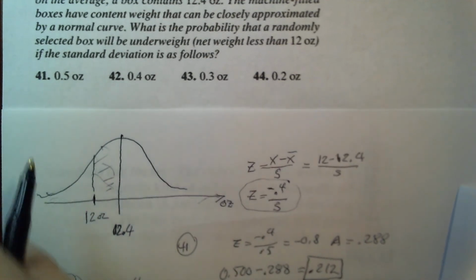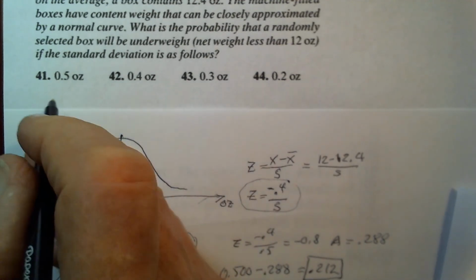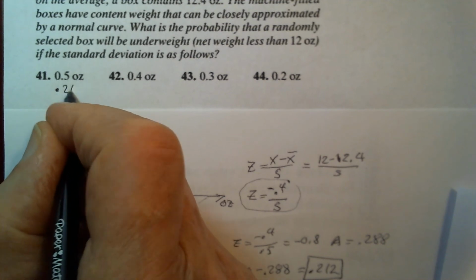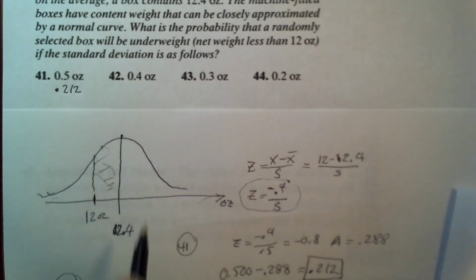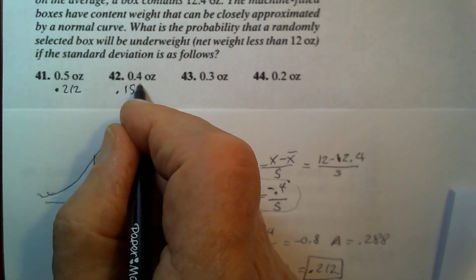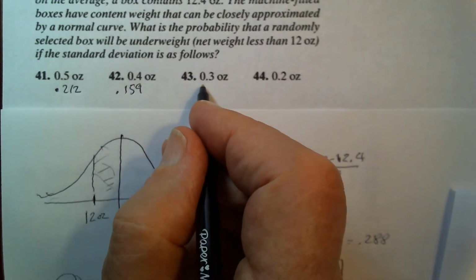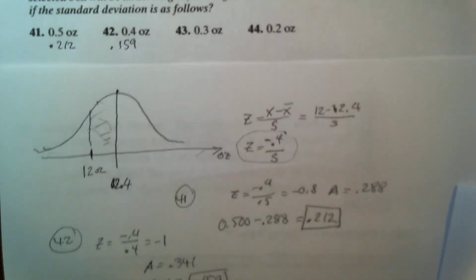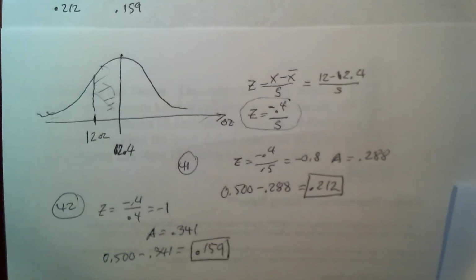So for 0.5 ounces, the probability was 0.212. For 0.4 ounces, it was 0.159. And then for 0.3 ounces, again, we use the same formula for 43.